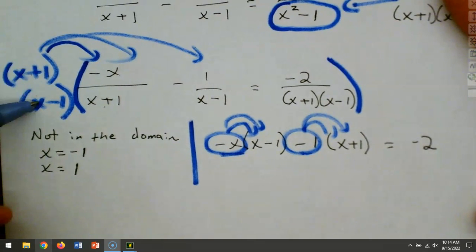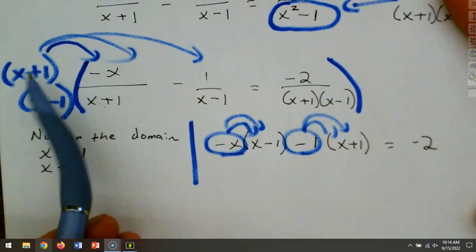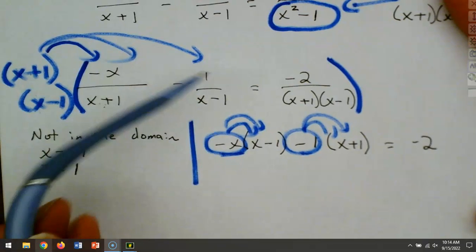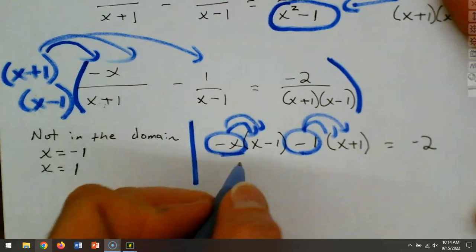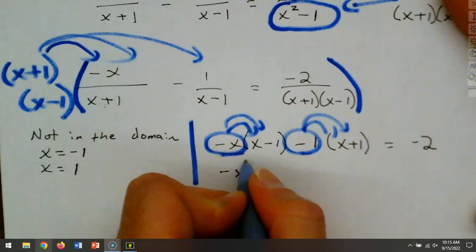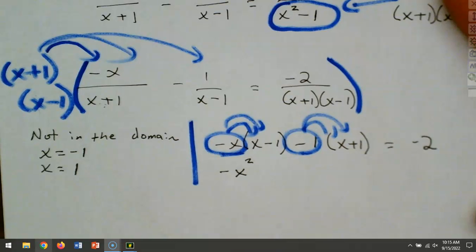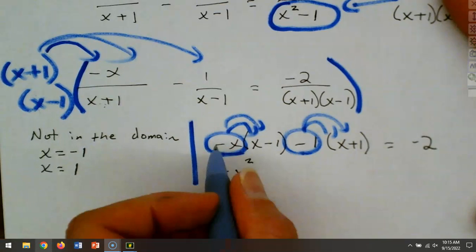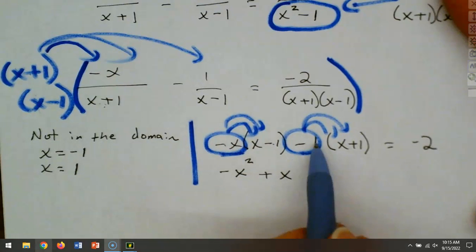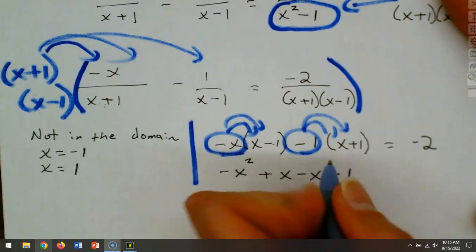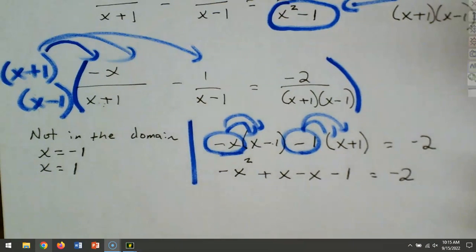Yeah, I use the x plus 1, x minus 1, because that clears that, and these clear that. So now when I distribute through, we've got a negative x squared. Negative and negative make it a positive x. We've got a negative x here. Negative 1 distributed through makes it minus 1. And that equals our negative 2.